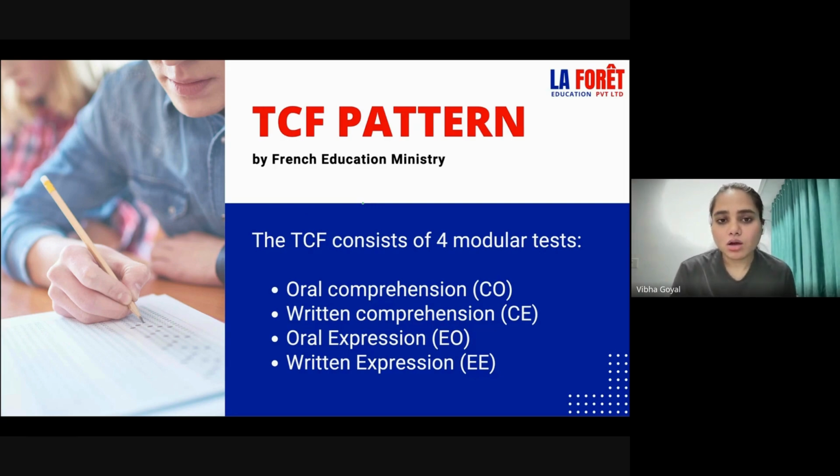So one advantage of TCF is that if you know DELF, then you know the TCF pattern. Okay, the pattern of questions. It has the same things too: compréhension orale, compréhension écrite, expression orale and expression écrite.